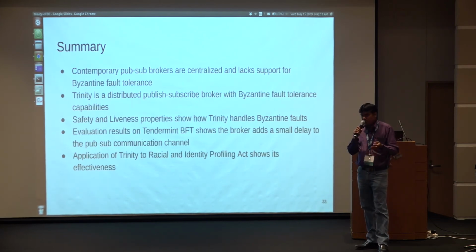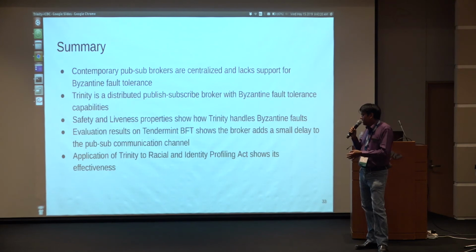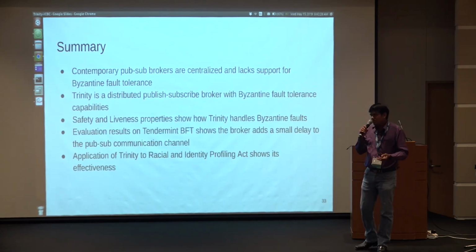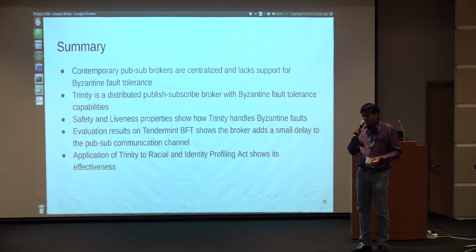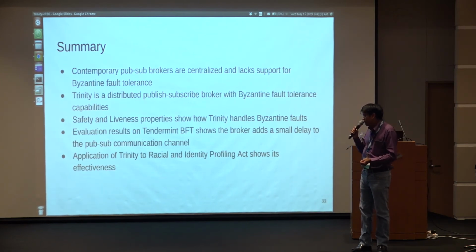We also presented safety and liveness properties in the paper to prove that we are guaranteeing this Byzantine fault tolerance. The evaluation result shows that the broker adds a delay to this publish subscribe channel, but it provides an additional level of trust and data integrity for the applications.